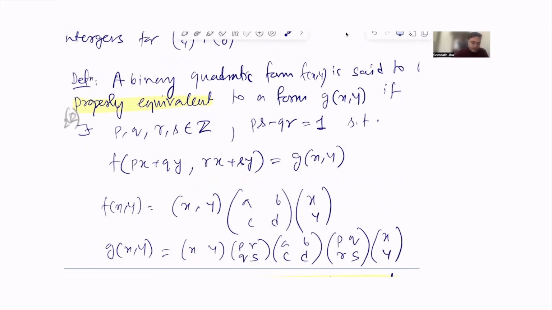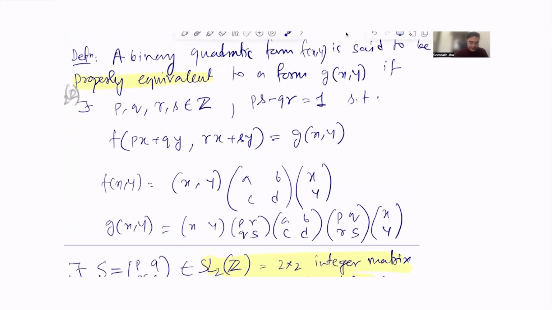If f(x, y) is of the form xᵀAx, where A has entries a, b/2, b/2, c, and you have g(x, y), I should write b/2, b/2 explicitly, just to be consistent.